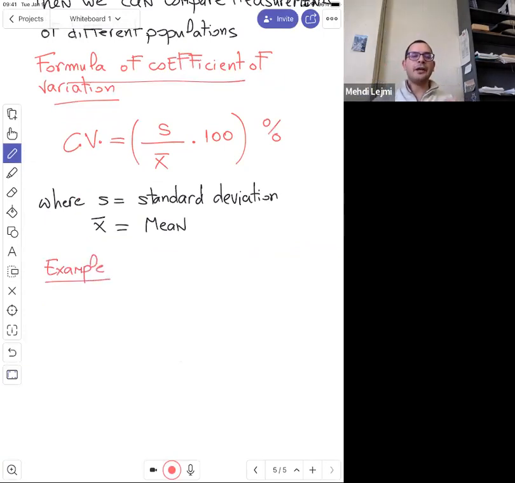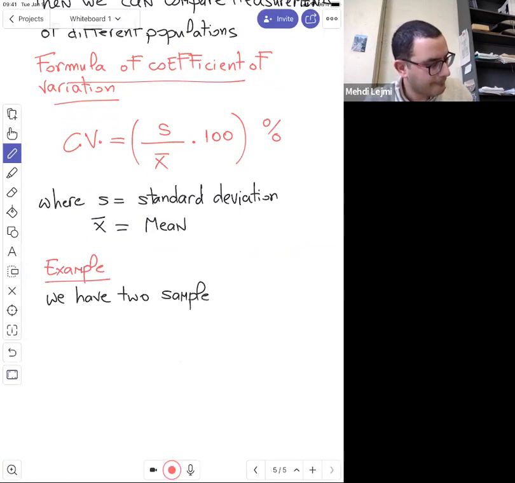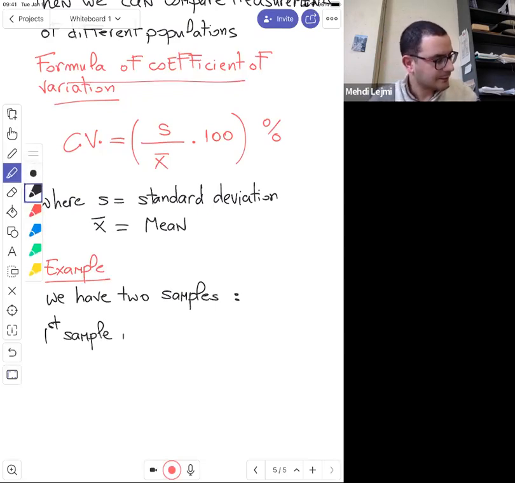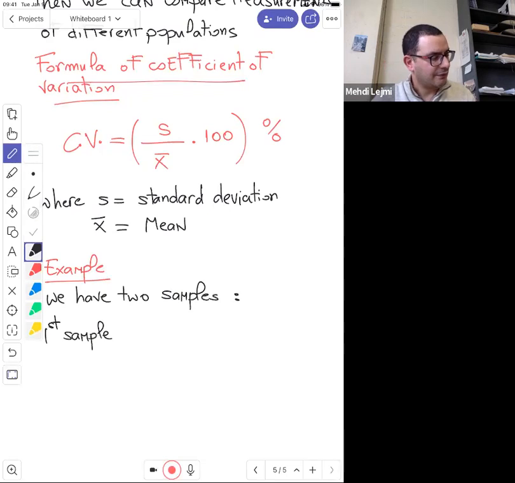Okay, so I'm going to compare data values of two different populations. Let's say we have two samples. The first sample represents flower diameters in inches. I'm just going to use the same example with the flowers.